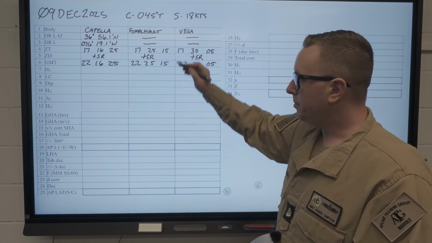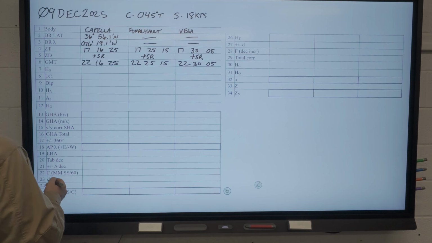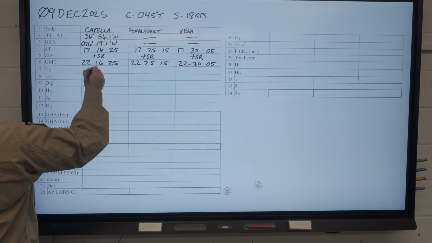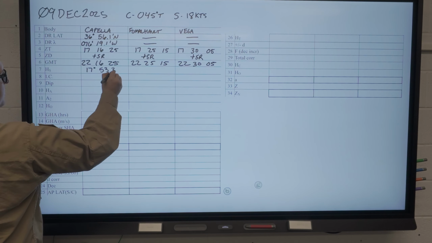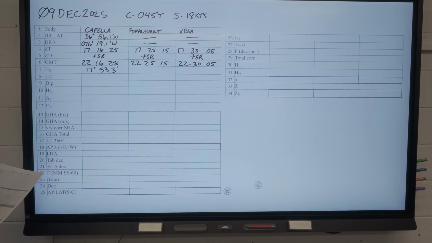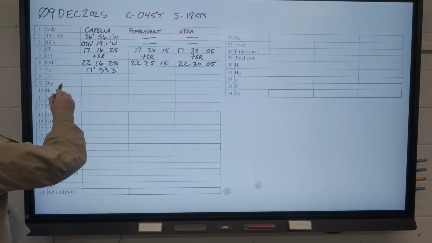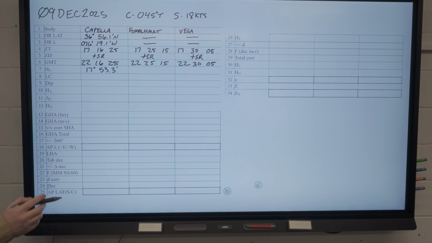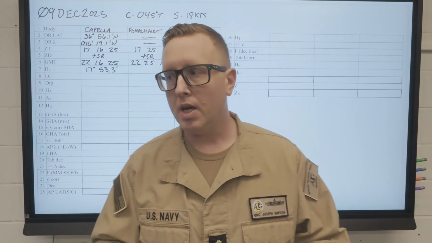So at that time, I got Capella on my sextant. My HS was 17 degrees 53.3. Next is the index correction. The index correction is based off the error that you have on your index arm for your sextant.